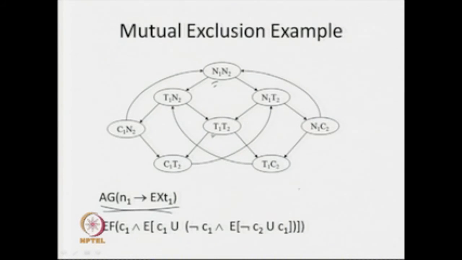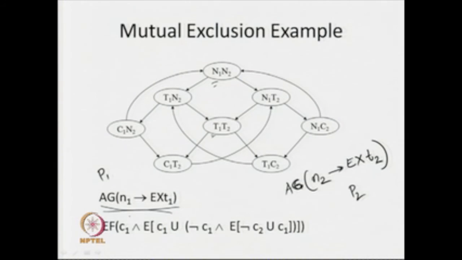Similarly, for process P2 also I can write the behavior or property in all paths globally. If N2 is true, then it says that there exists a path in the next state T2. So, this is the property corresponding to the process P2, and this is the property corresponding to the process P1.